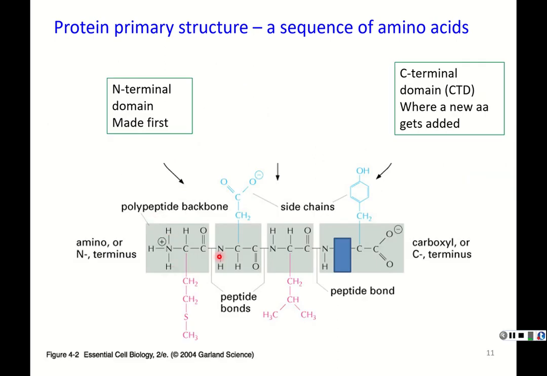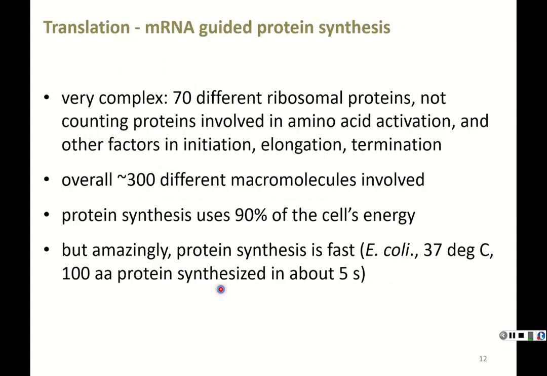Okay, so when that happens, you get what are known as peptide bonds. And during the process of translation, this is what's occurring. You are sticking amino acids together and forming these peptide bonds. So we'll see these again when we look at the details of translation.